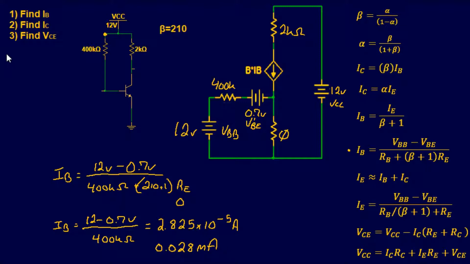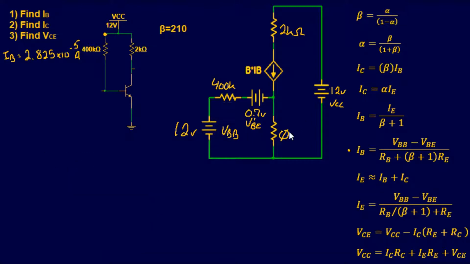Put this up here real quick. So our base current is 2.825 times 10 to the negative 5 amps. Now I'm going to make room down here to find our collector current.